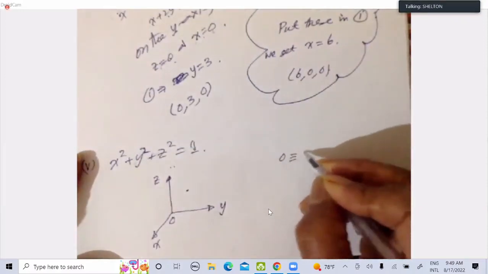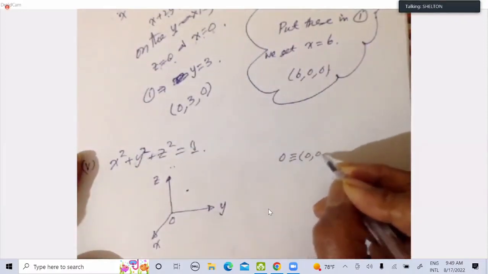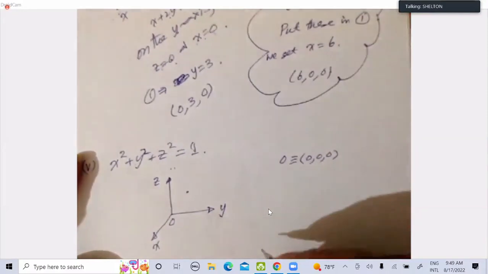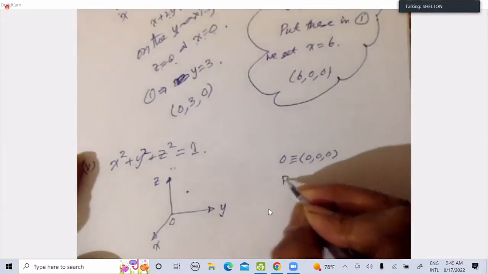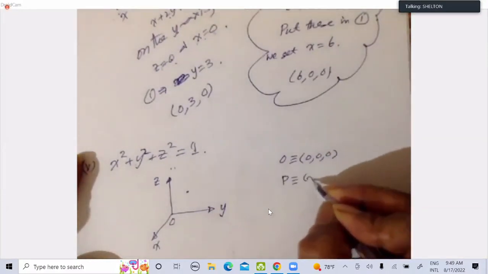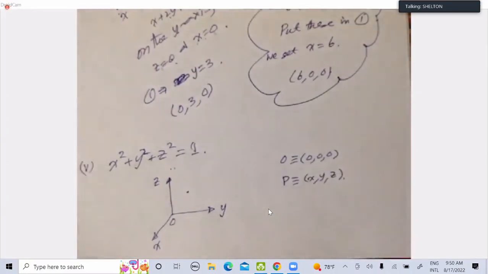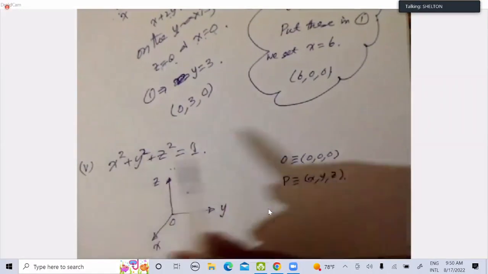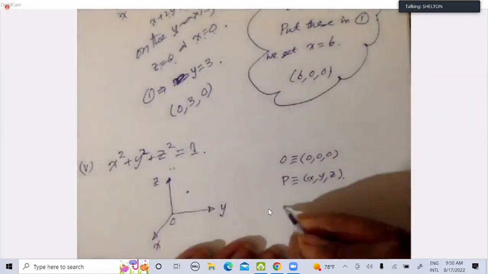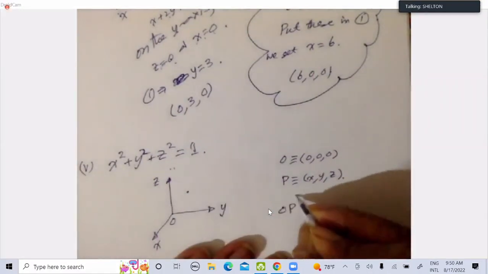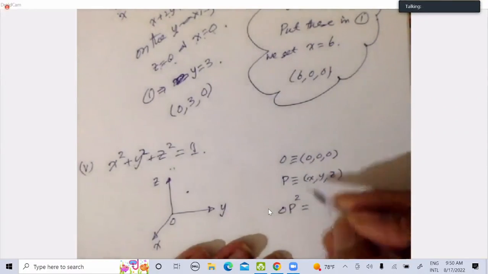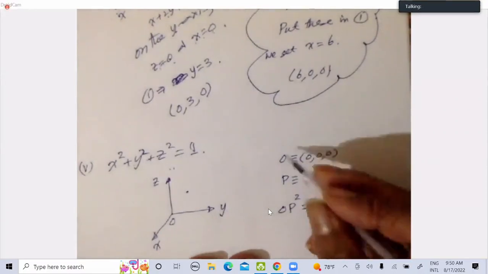Coordinates of O are 0, 0, 0. Let us take a point P whose coordinates are x, y, z. You need 3 numbers for a point. Now what is this x squared plus y squared plus z squared? That is OP squared, the distance from O to P.